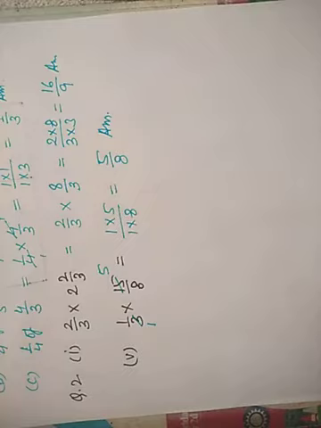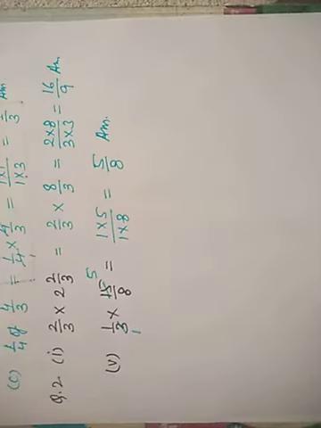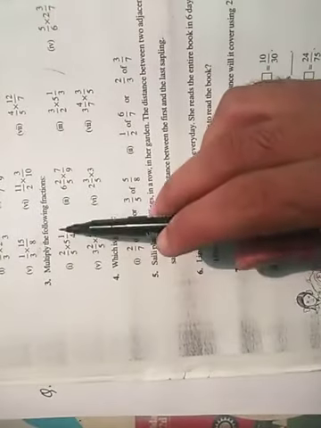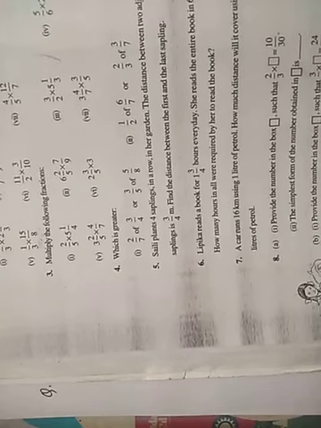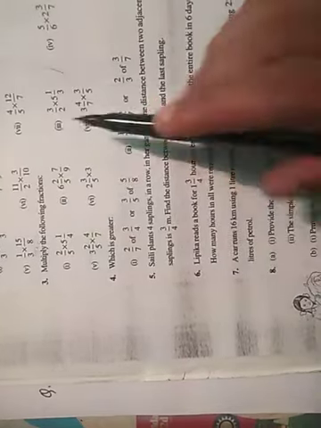Okay, now the third question is given: multiply the following fractions. It is very simple and it is similar to question number 2, right? But let us discuss one problem, the third part of this question.